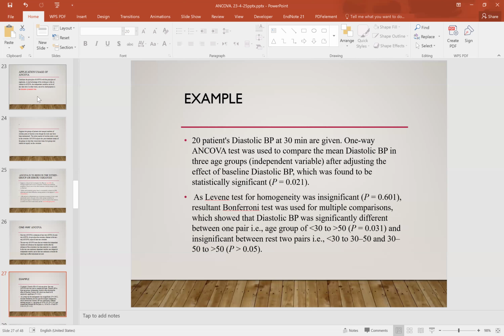As Levene's test for homogeneity was not significant, p-value 0.601, a Bonferroni test was used for multiple comparison, which showed that diastolic blood pressure was significantly different between one pair: age group less than 30 and more than 50, p-value 0.031, and insignificant between the rest of the two pairs: less than 30 and 30 to 50, and 30 to 50 and more than 50, p-value 0.05.